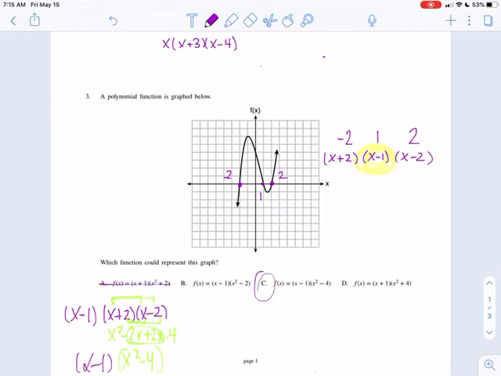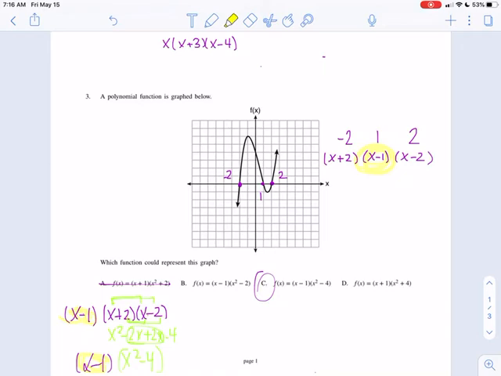Yes, and that's C. Okay. So we left out the x minus 1, and we multiplied the other two factors to get the expression x squared minus 4, and that's going to give us C. F of x equals x minus 1 times x squared minus 4.